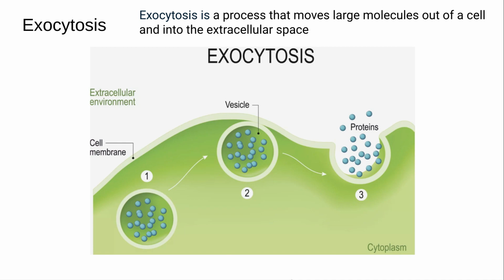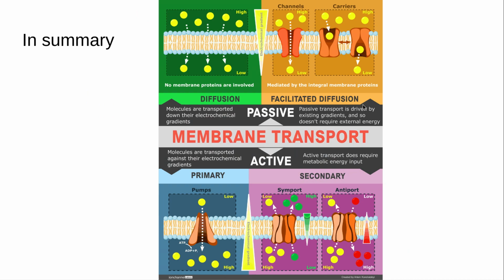Either way, the cell forms a little vesicle with the stuff that it needs to spit out, and then it takes it to the membrane, and the membrane of the vesicle fuses with the plasma membrane, and releases whatever it needs to release to the outside space. That's called exocytosis.